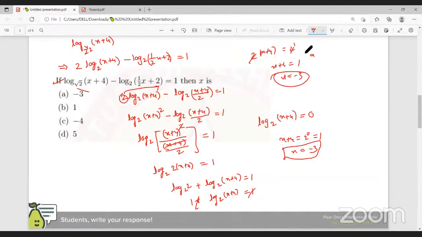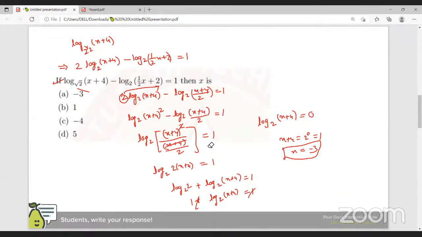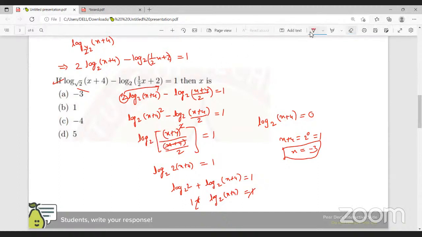So what I did was, before taking the power inside, you can make minus log base 2 of (x + 4) by 2 as minus log base 2 of (x + 4) plus log 2 with base 2. I wrote this as 2 log 2 (x + 4) minus log 2 (x + 4) plus log 2 with base 2.